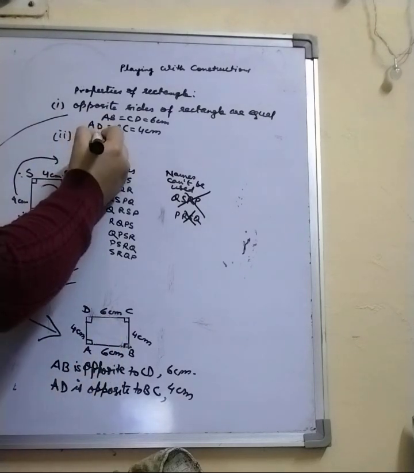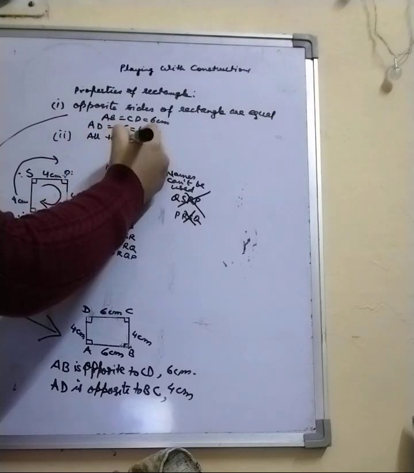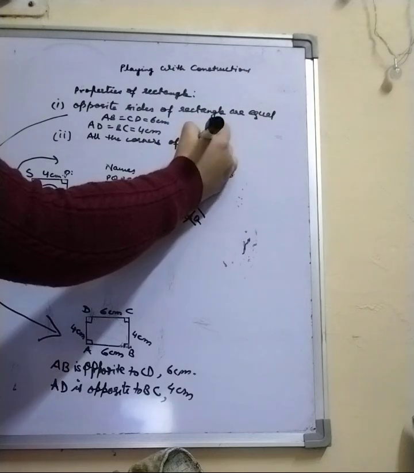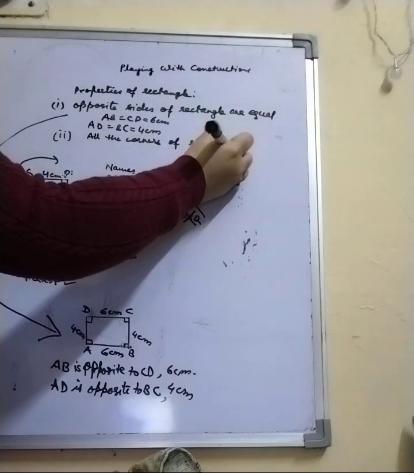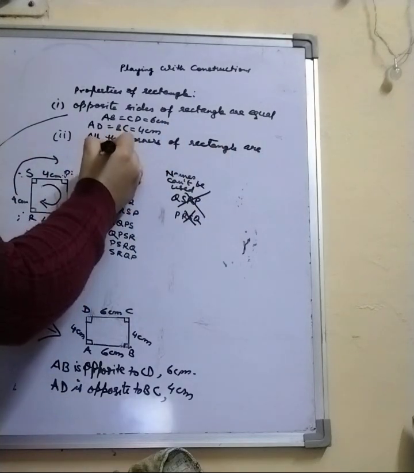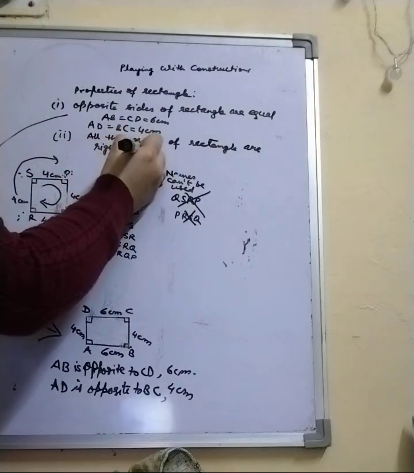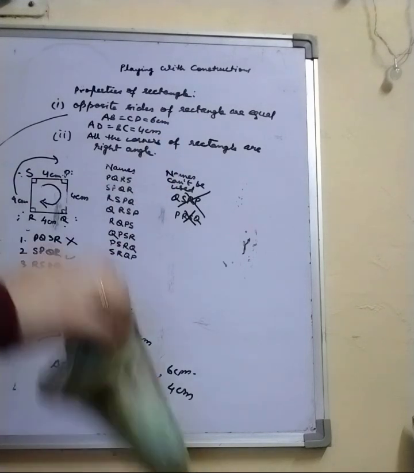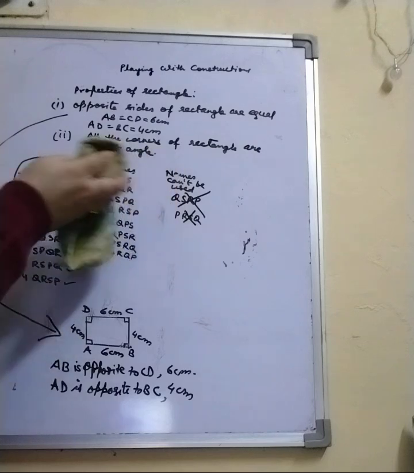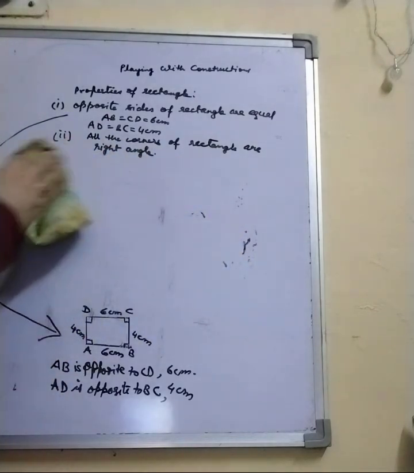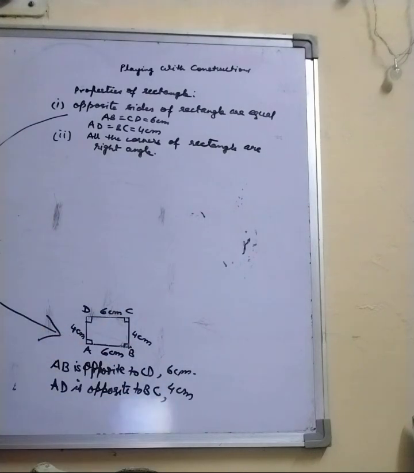So you can say that all the corners of rectangle are right angle. Okay, so this is what you can observe from the figure.